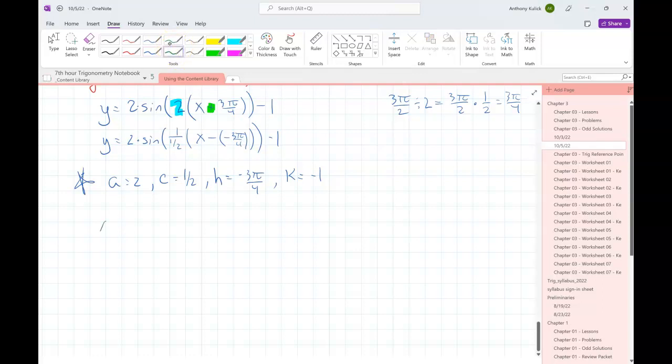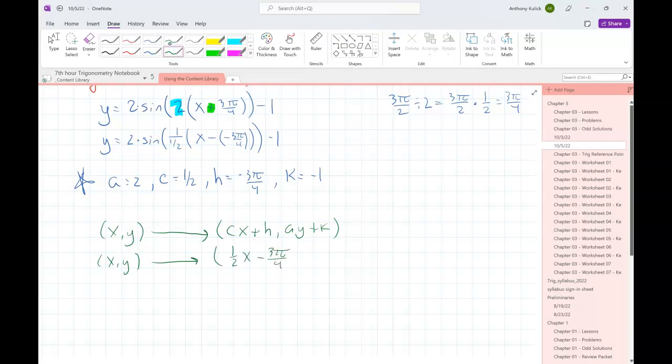Once I have that, I can write my transformation map. So when I plug things in, I'm going to have 1/2 x minus 3 pi over 4, 2y minus 1. Okay.